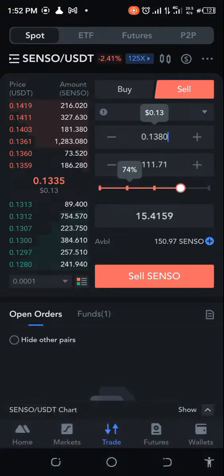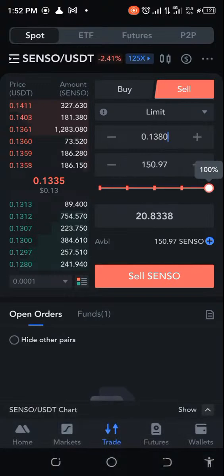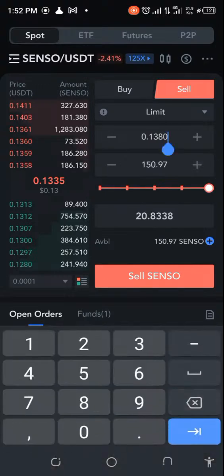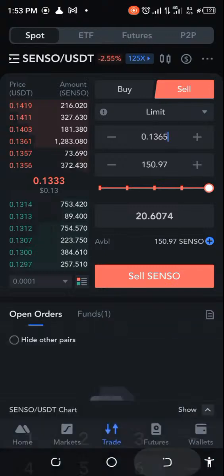It still looks ambitious, but let me go with 1360 and then see. It's still something worth considering. 1350? Oh no, that's not gonna work for me. So let's say 1360 or 1365. I'll work with this.